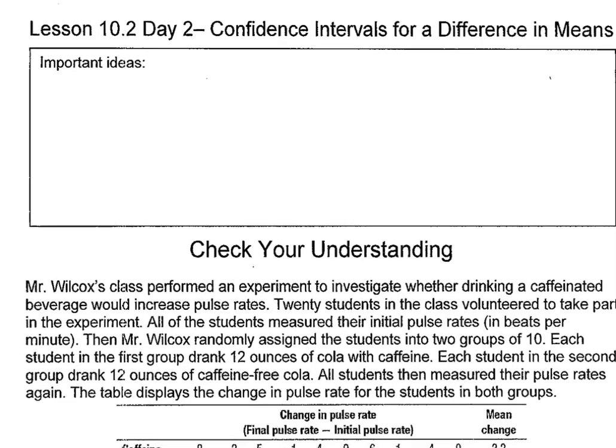So we know that the generic formula for a confidence interval is statistic plus or minus critical value times the standard deviation of the statistic, which is often referred to as the standard error. So if you see that, that's what they mean.